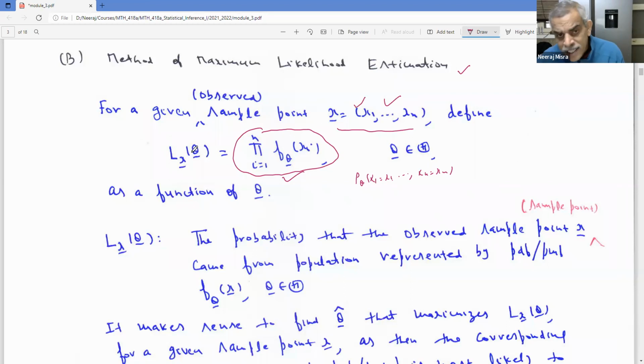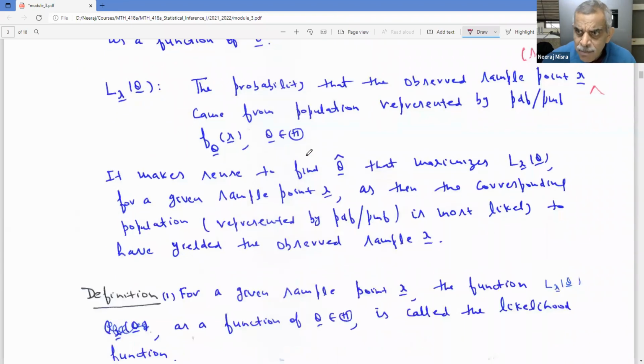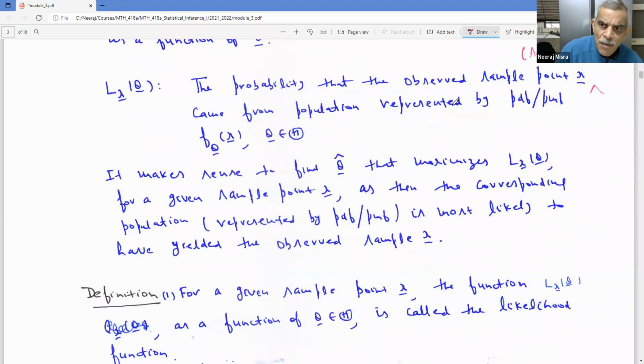Because then the corresponding population would be the most likely to yield this sample. Or in other words, the sample would be most likely to have come from the density f(theta, x). So the probability that the observed sample point X came from a population represented by PDF or PMF f(theta, x) can be treated as L_x(theta).